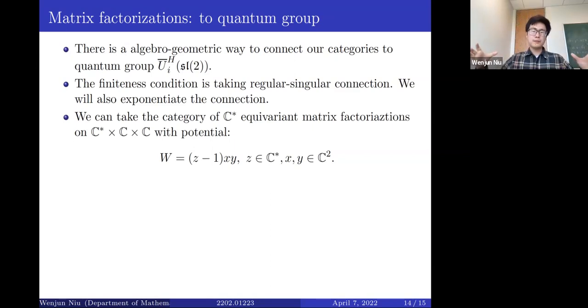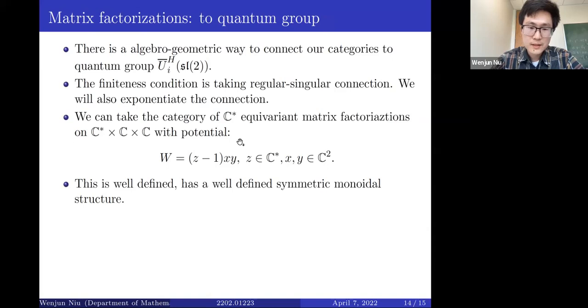By restricting, we were able to cut down this big matrix factorization to a finite dimensional thing that is now well-defined, because there is no non-smooth group anymore. And it turns out that this also has a very well-defined monoidal structure that happens to be symmetric.